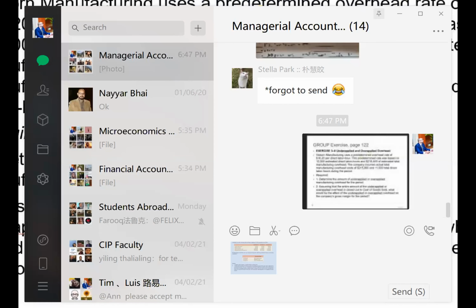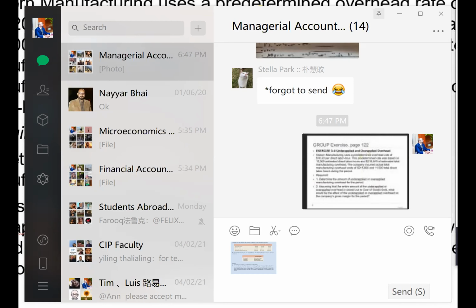We have to use for applied overhead actual direct labor hours, which I think would be 12,000 times 18.20, but I'm not sure if it's correct. And for the predetermined we have to use 11,500 times 18.20. You're asking from me or among your members? I'm asking you because we are not sure, we are discussing that one actually.